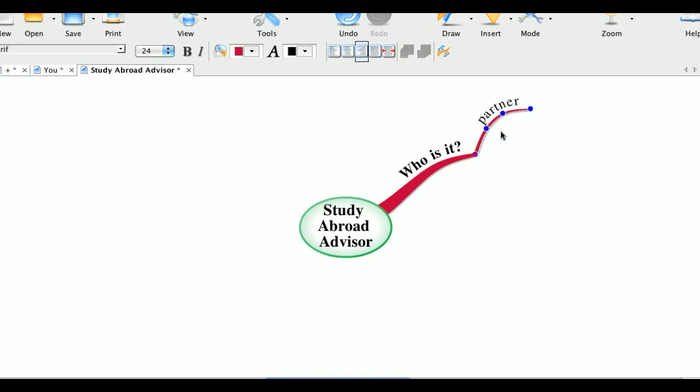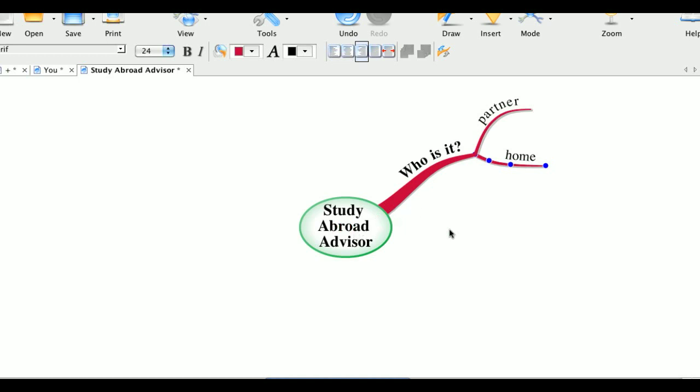If you went on your home program, like say you went to Spain through your home campus, then that home campus study abroad advisor who manages the program would be your study abroad advisor. But if you go on a partner program to Spain, then technically the study abroad advisor you have as a partner is somewhere else. So this advisor you may never meet.